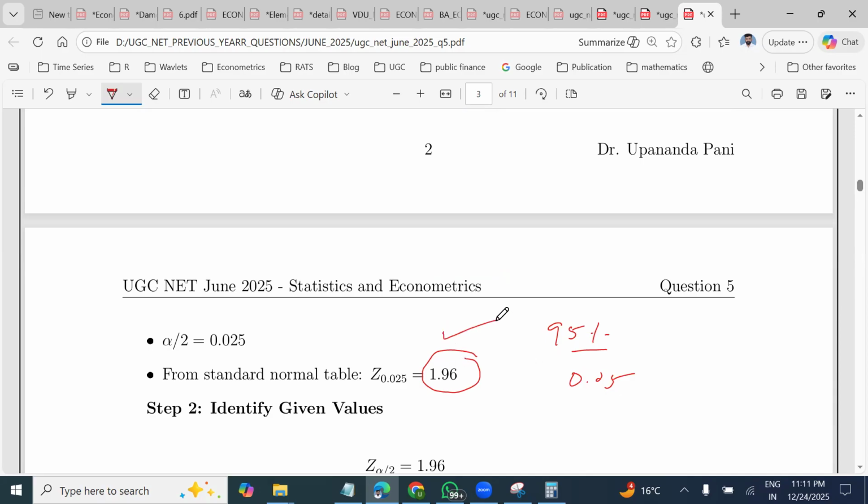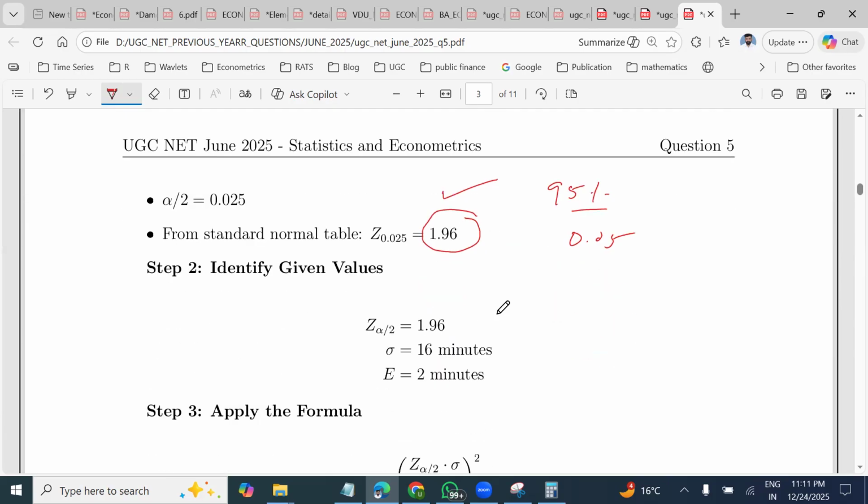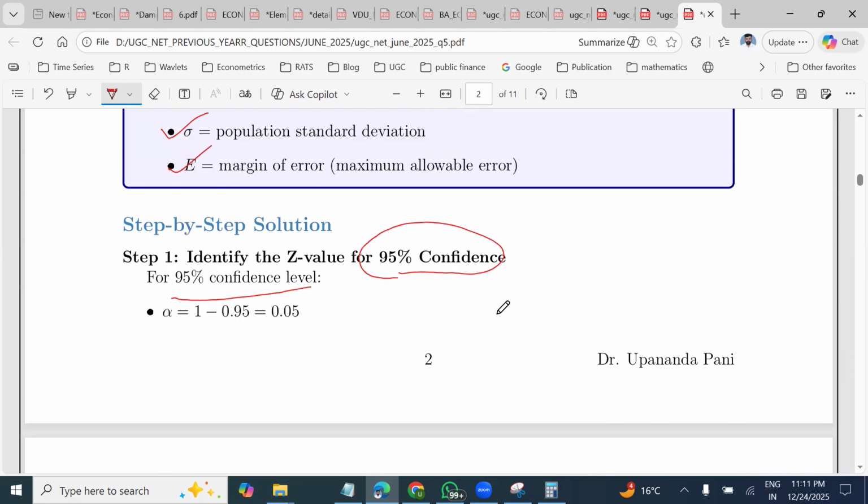Do you remember this, Sangeeta? Yes, sir. Okay, then you know the Z critical value. T critical value, at least 5% you can remember, because they have not given, but they are asking the question. They are assuming that you know it.